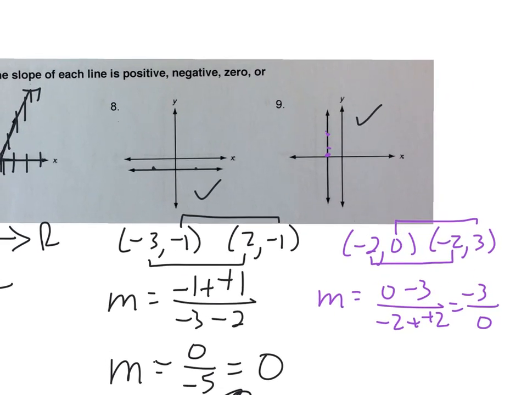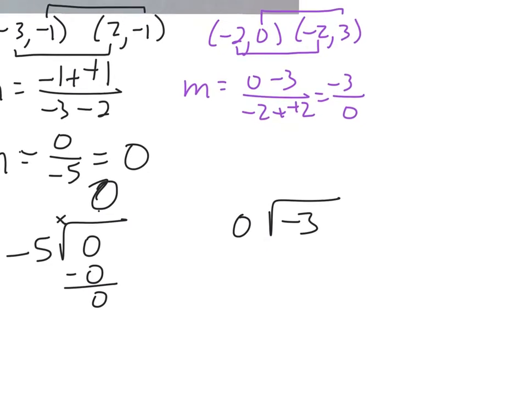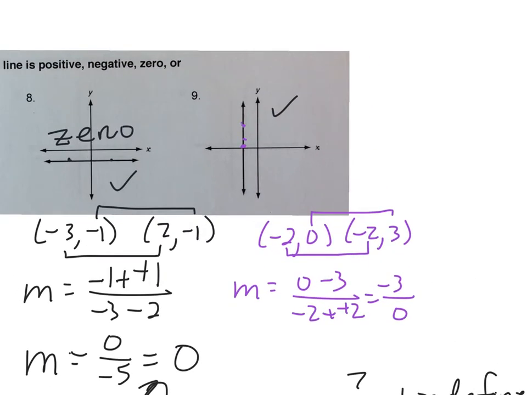If you have a horizontal line, it will always have a slope of 0. All right, and let's take a look at this last one. Is there any number that I can multiply by 0 to get -3? And the answer is no. So this one is undefined. So anytime you have a vertical line, we're simply going to say this is undefined.